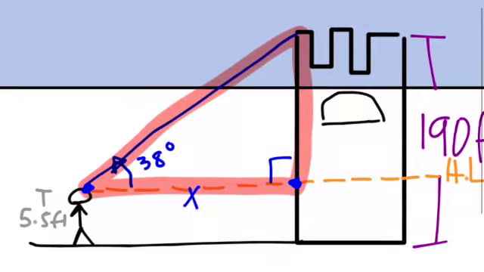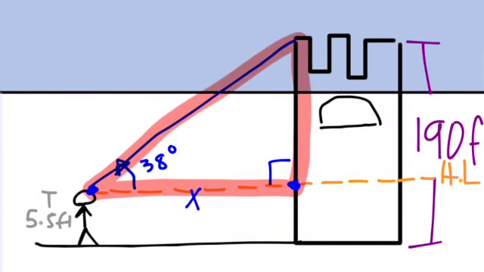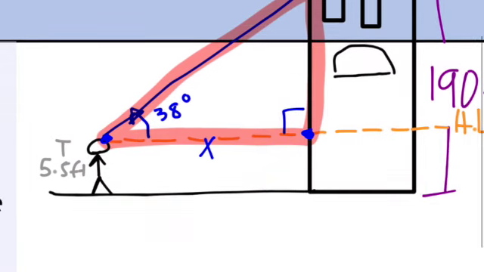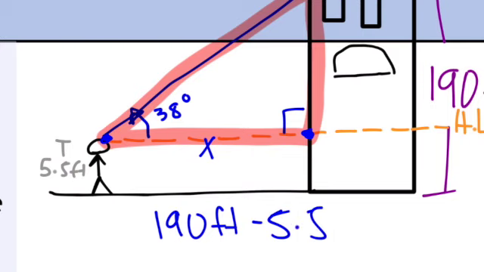So now you have to think, what is the height of this triangle if I know the height of the castle and I know the height of Leah? Well, I have to just subtract them. I have to do 190 feet minus 5.5 feet, because I'm trying to get rid of this height of 5.5 feet. I'm not including that.